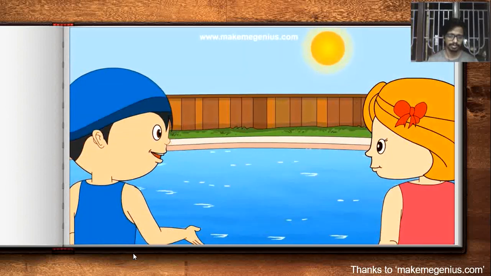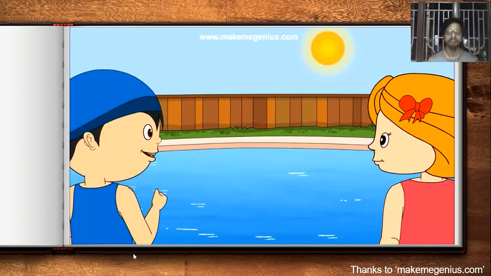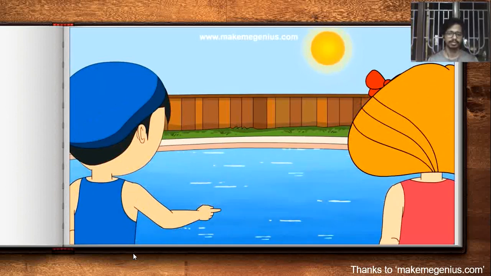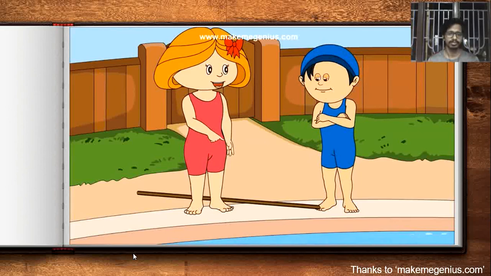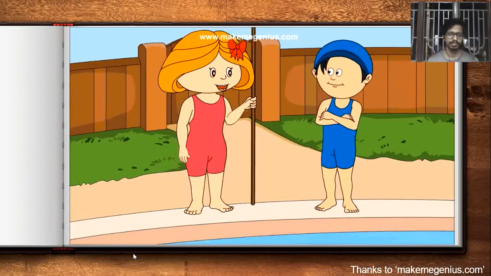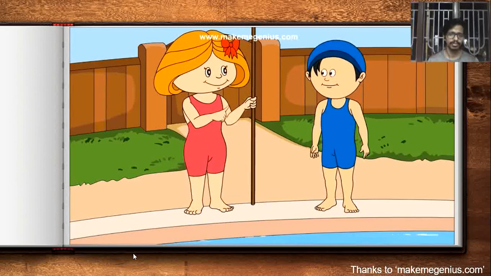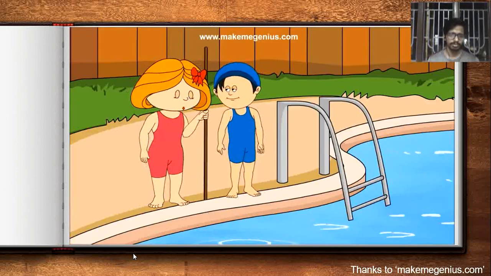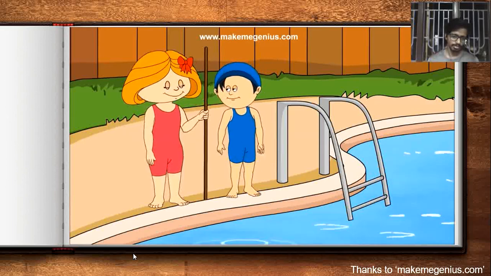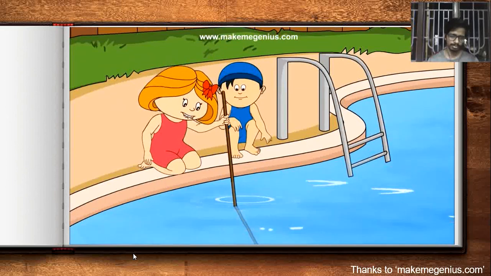I want to swim, but I'm scared. I don't know how deep this pool is. Hold on. Let's use this stick to check the depth of the pool. Can you see that its length is bigger than you? Let's put it in the pool. See?